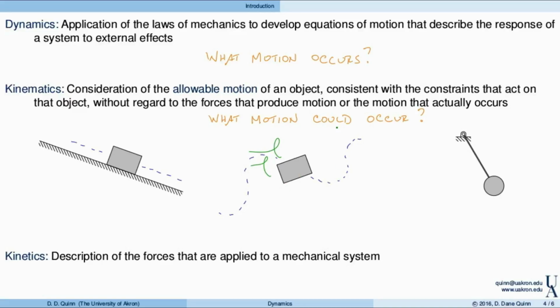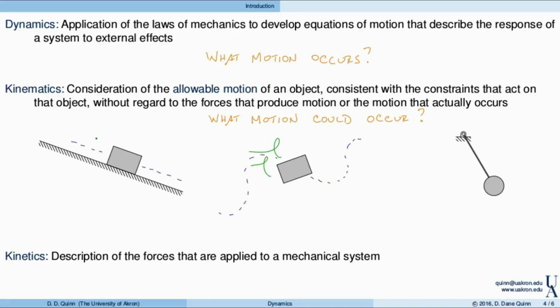So some later time it could be at a different orientation. These kinematics are very different from here.